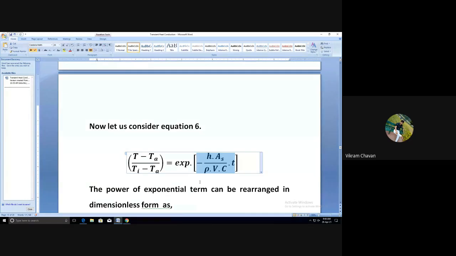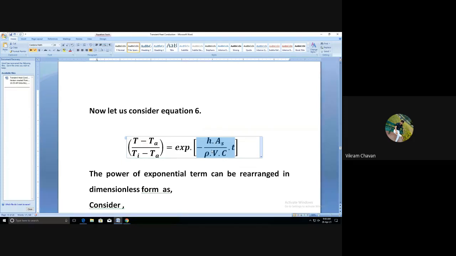You have learned some dimensionless terms, such as the Reynolds number and Prandtl number, which you may have discussed or derived in thermodynamics or fluid mechanics also. Here we are going to convert this term h multiplied by A suffix s divided by rho V c multiplied by t into dimensionless form, which is nothing but the Biot number and Fourier number. Further, we will discuss the significance of the Biot number and Fourier number.